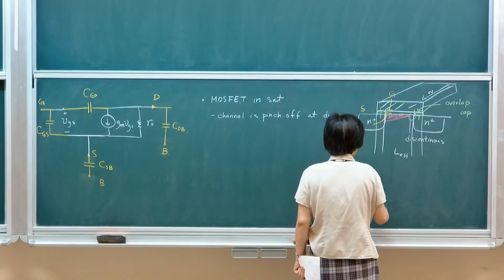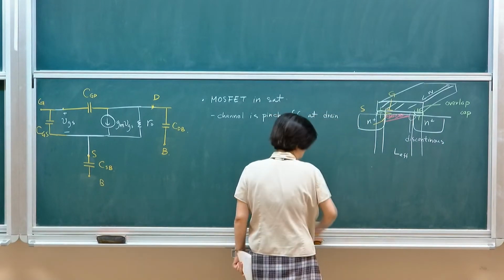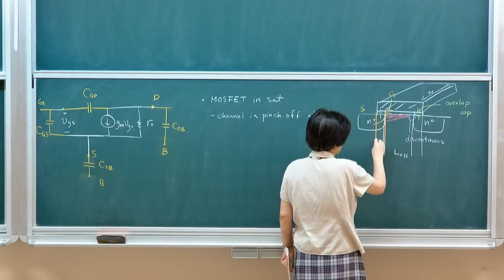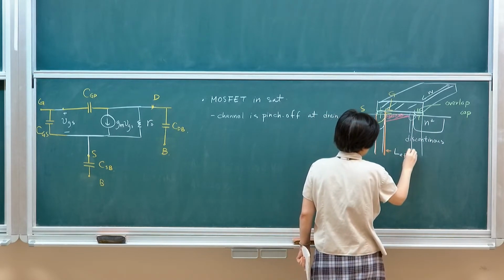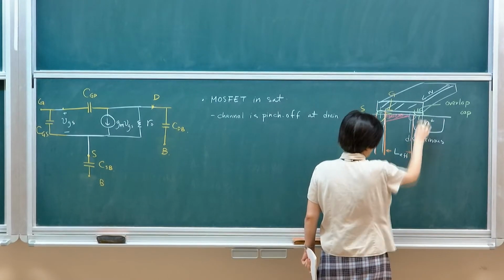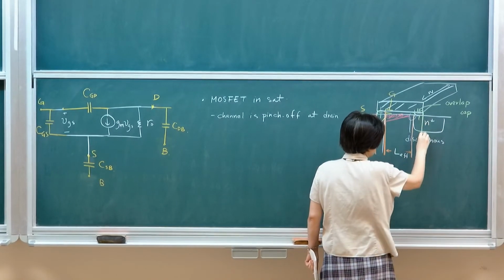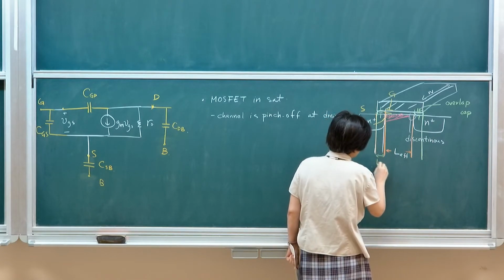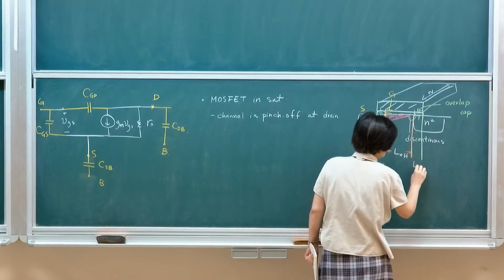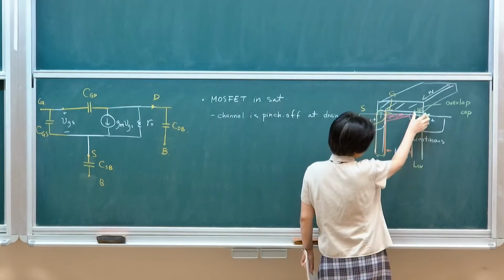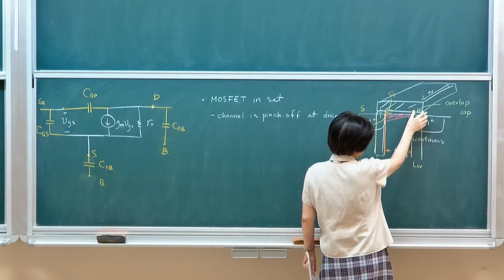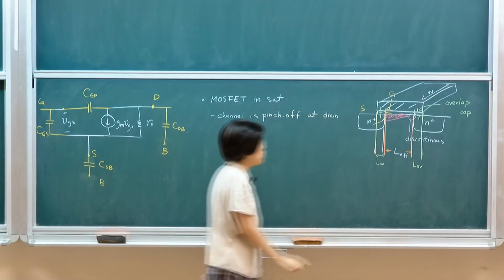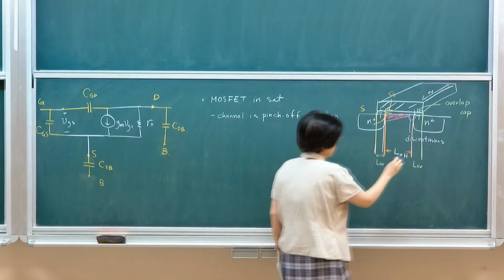So from here to here, that's L. And then we have this overlap region. If you pull it downwards, there's an overlap distance. This simply means that the length of the gate extended out into the N plus region is called the overlap length.